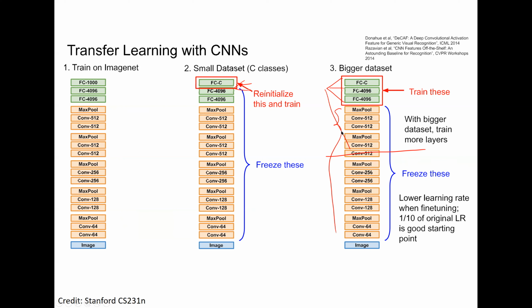It depends on your application, and nobody knows how many layers to freeze. You need to find the optimal point by trial and error. And when you're fine-tuning, you had better use a low learning rate, usually 1/10 of the original learning rate. This could be a good starting point.